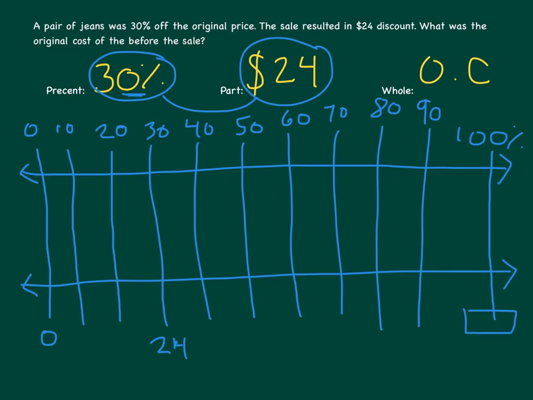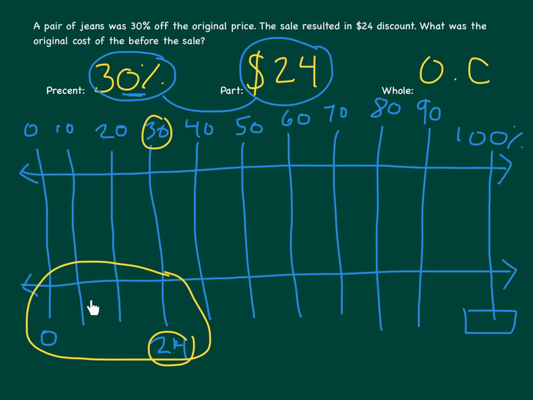If you notice here, we know that $24 is equivalent to 30%, right? These show equivalency. So we also know that at the bottom number line, you will see that there are parts here to get to 24. So this ends up being kind of like a division problem.